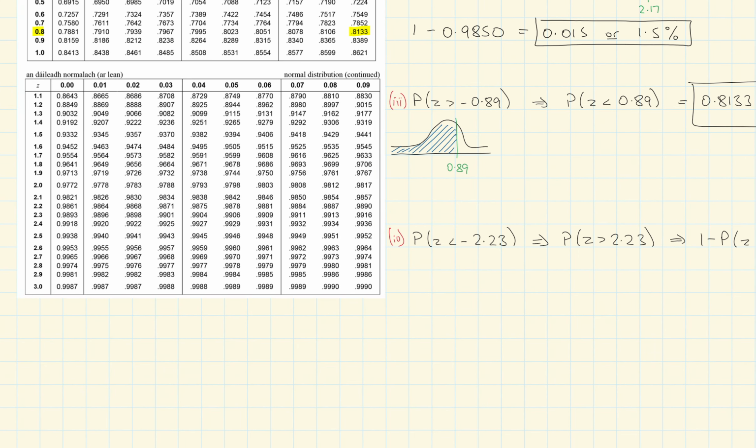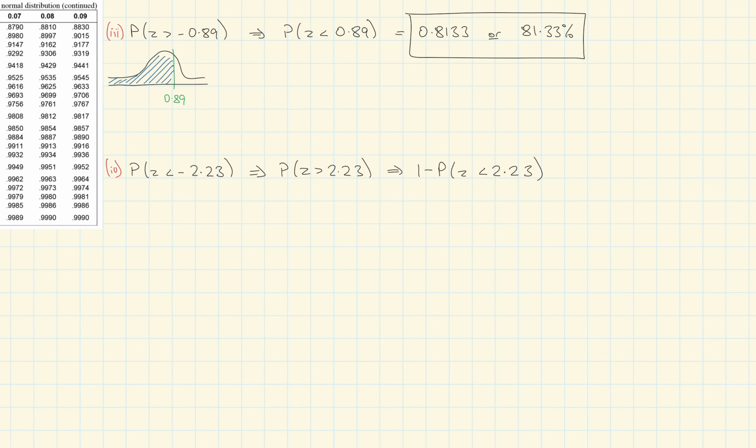Straight to our log tables. So we're looking for 2.2 first, 2.23 will give me 0.9871. So that's 1 minus 0.9871 into your calculator. And we get back 0.0129 or 1.29%.